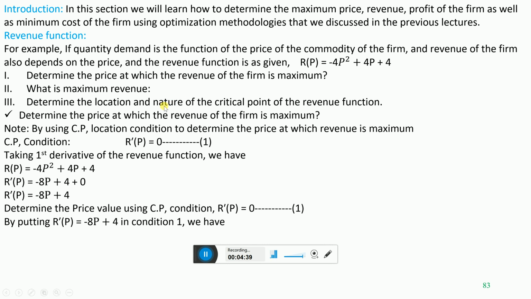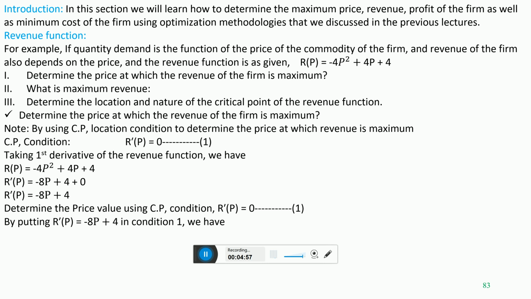So we are starting from the very first question, determine the price at which the revenue of the firm is maximum. How can we determine the p-value?